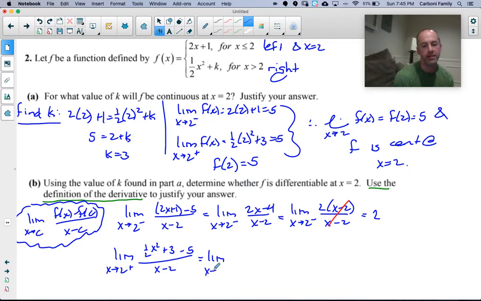The limit as x approaches 2 of 1/2 x squared minus 2 all over x minus 2. If you factor a 1/2 out of the top, half times x squared is half x squared. Half of 4 is 2. And then you can factor that x squared minus 4 as a difference of squares.